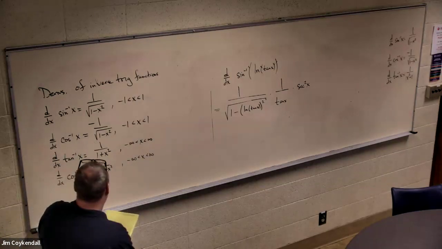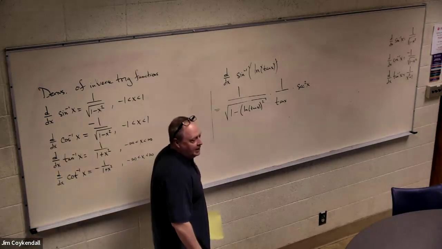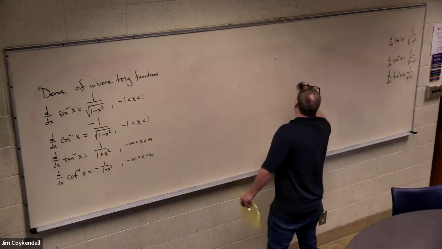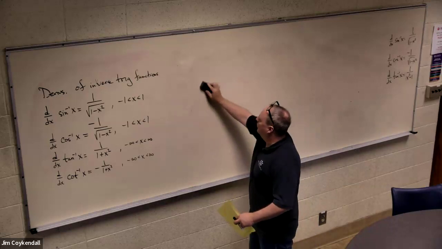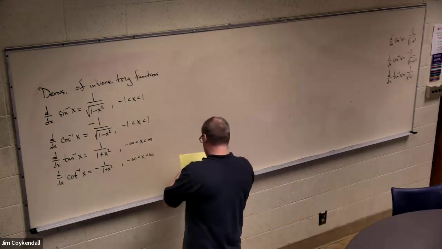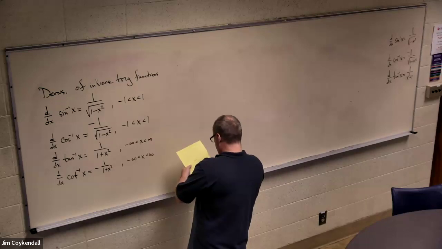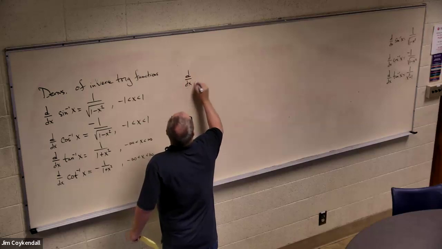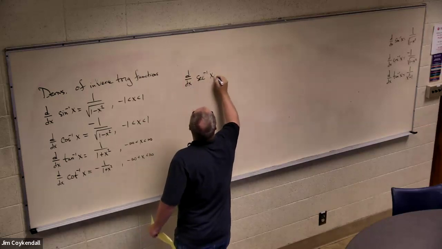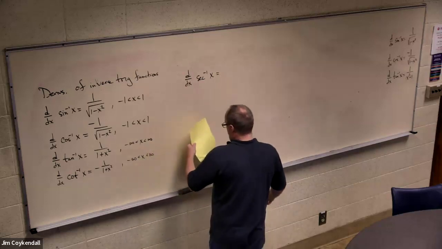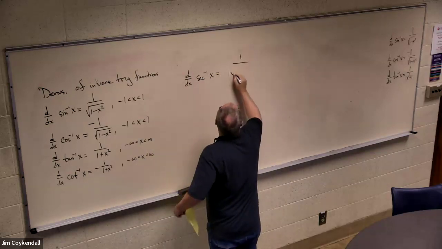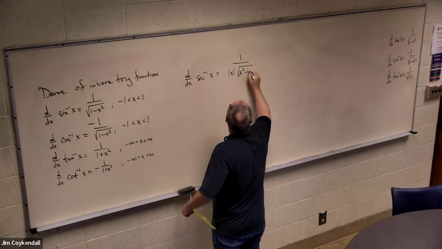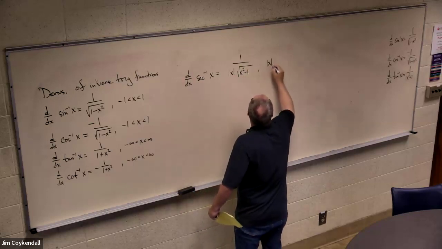Now the other two, I de-emphasize a little bit, because depending on the book you read, you might get different answers. So here is, according to the way the Briggs book does it, the derivative of inverse secant is one over the absolute value of x times the square root of x squared minus one, for absolute value of x greater than one.